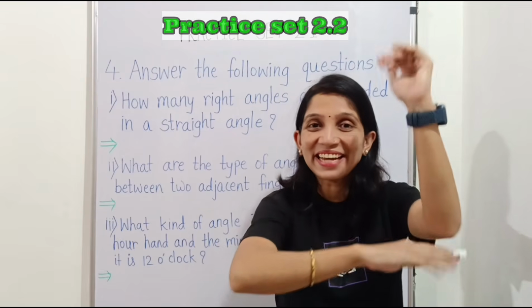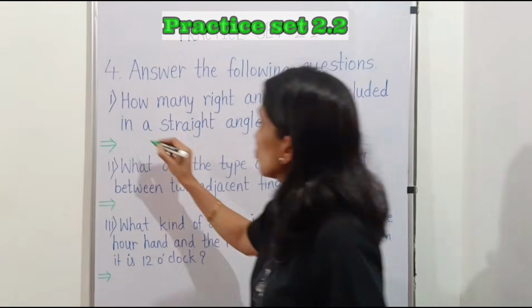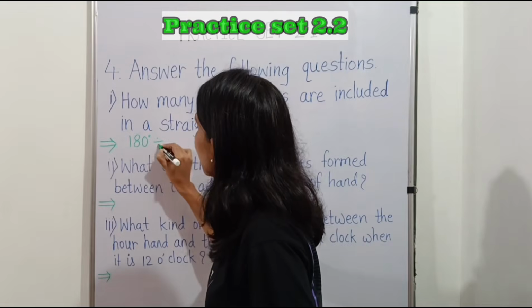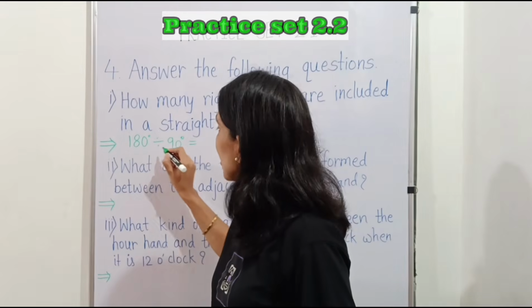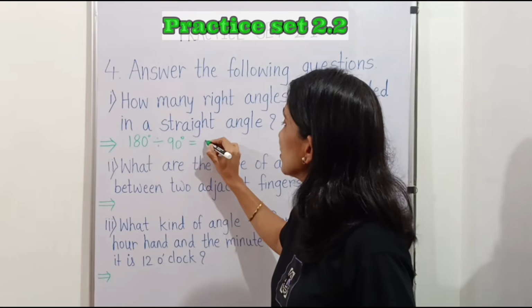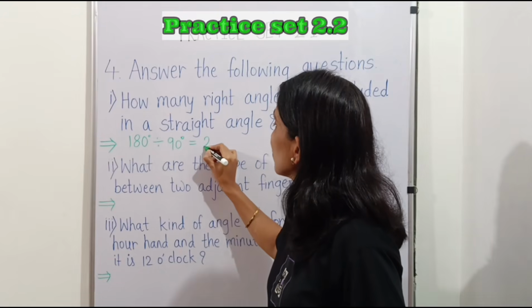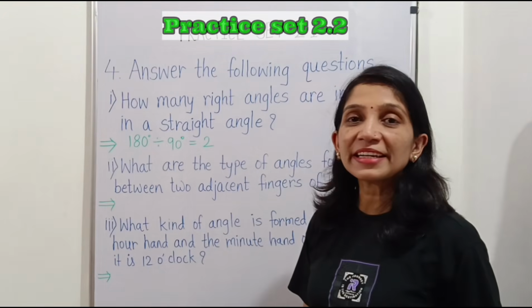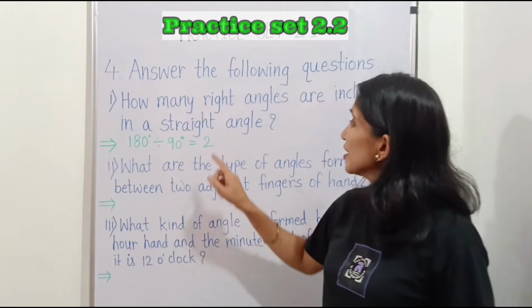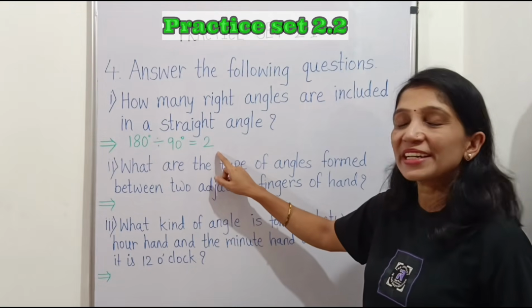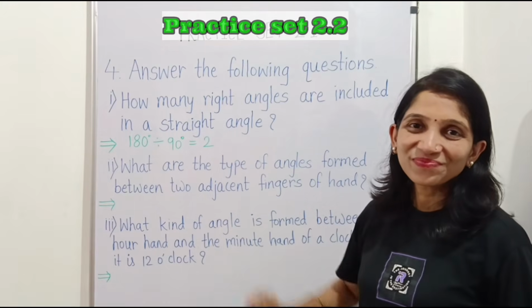Yes, it is 90 degree. So 180 degree divided by 90 degree. So you will get 180 divided by 90 is 2. That means you can say 2 right angles are included in a straight angle.